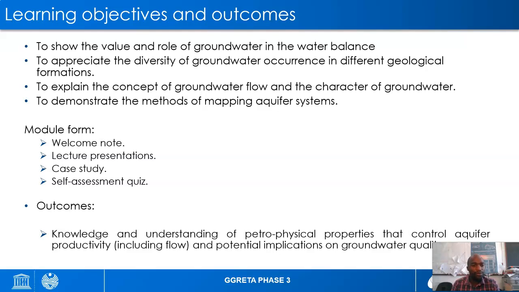Okay, so the module form is basically broken into four. The first part is a welcome note, and this is where we are now. And then we'll go into the lecture presentations, then case studies, and then a self-assessment at the end. The outcome is really that this module wants to provide knowledge and understanding of the petrophysical properties that control aquifer productivity, obviously including the flow and the potential implications of this on the groundwater quality.